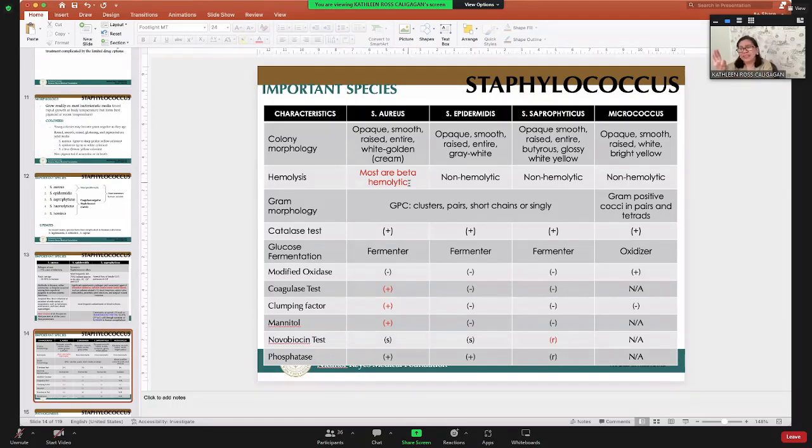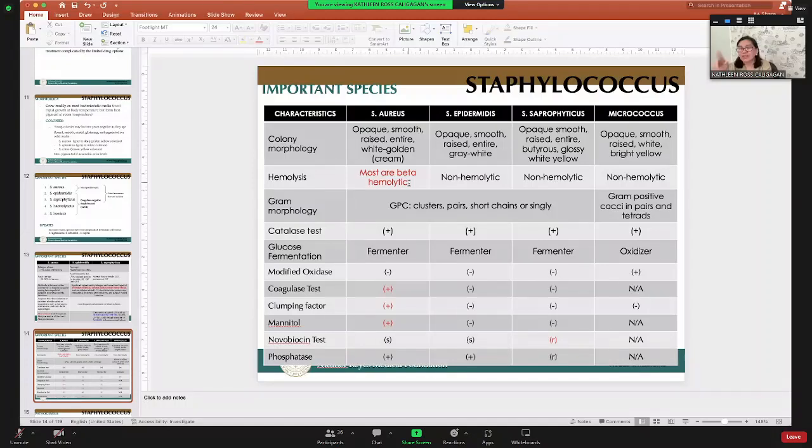So there are three types of hemolysis. You have the beta hemolysis, the alpha hemolysis, and gamma hemolysis. Alpha hemolysis is incomplete destruction of RBC, wherein there is green discoloration around the colonies, green discoloration of the agar, the blood agar plates.